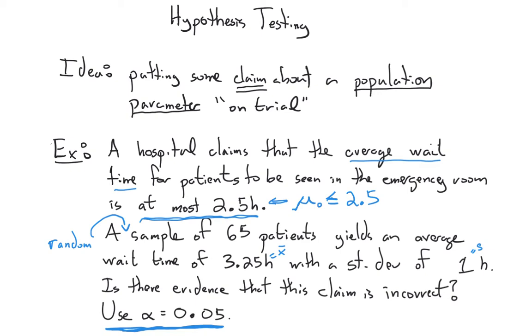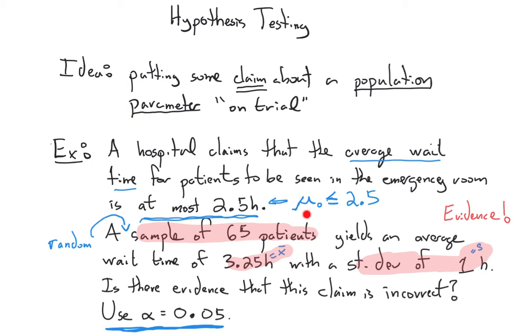So our sample here, the sample of patients, together with the mean and standard deviation, that's our evidence. And we just need a way of measuring whether our evidence is strong enough to, quote-unquote, convict.